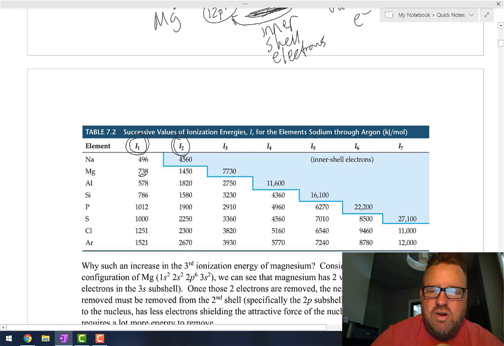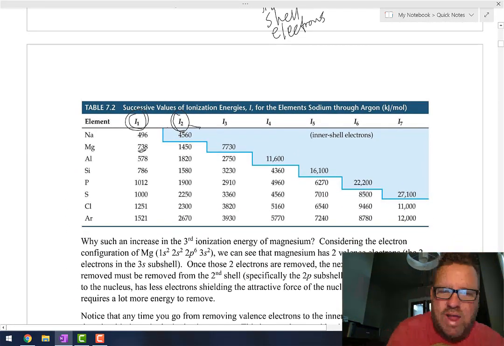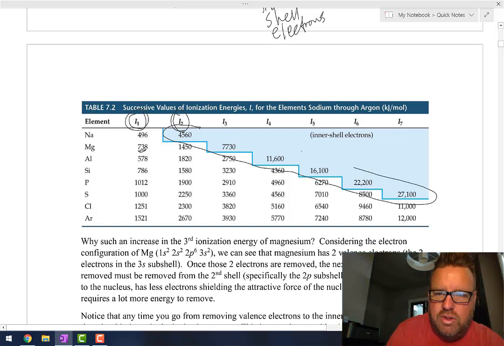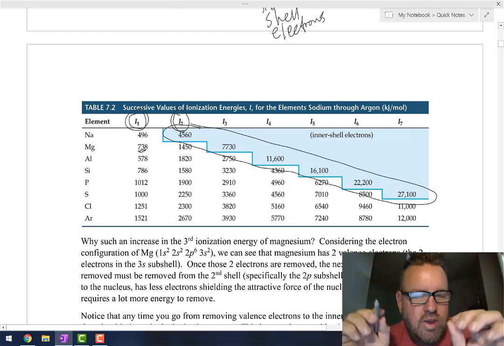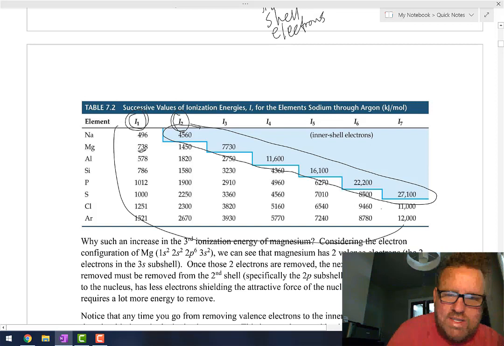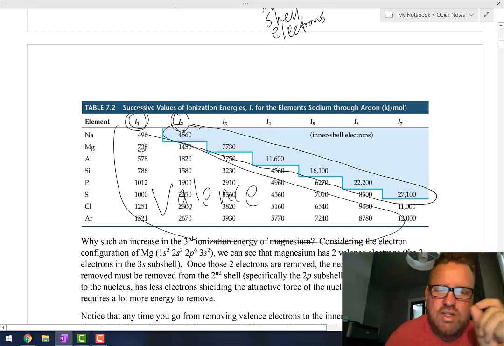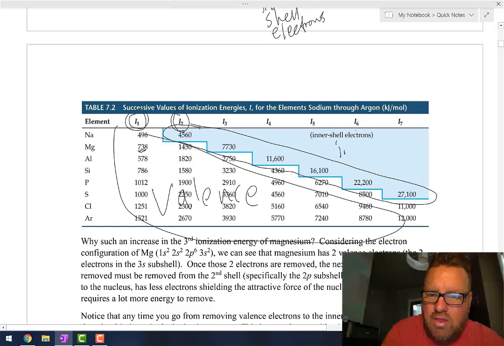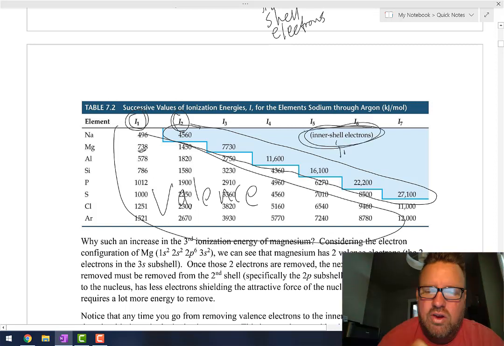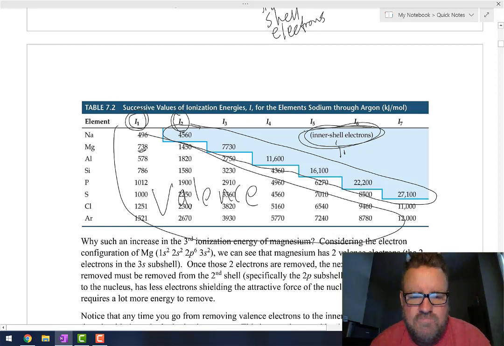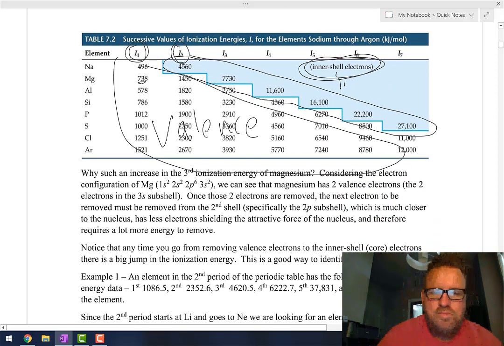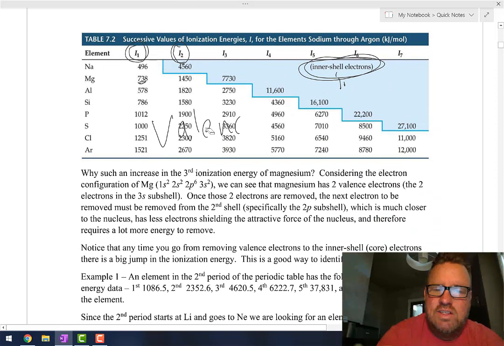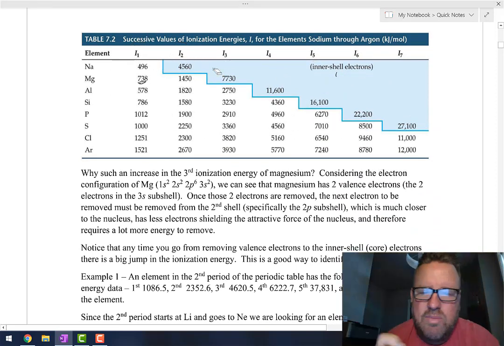And you'll notice on this table that that's what happens. All of these first ones in the white section are the valence electrons. And once all of those get taken away, now you're in the inner shell electrons. Now, what that does is it kind of helps us to identify elements sometimes.